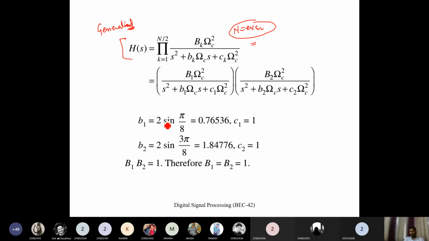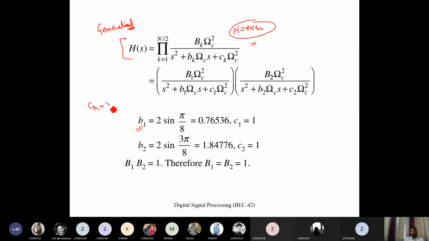For b1 we have a formula, which was 2 sine of (2k minus 1) pi by 2n. We will use that formula and calculate b1 from there, and ck is always 1.